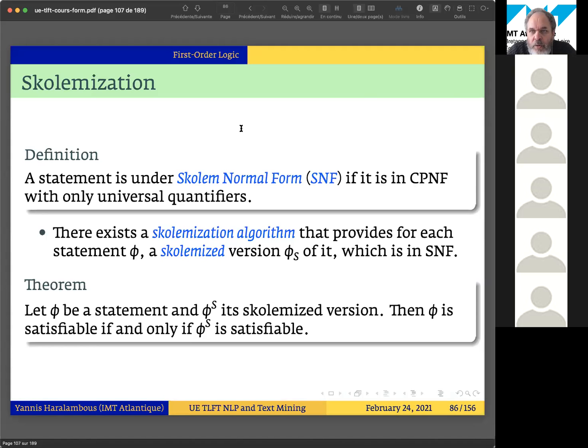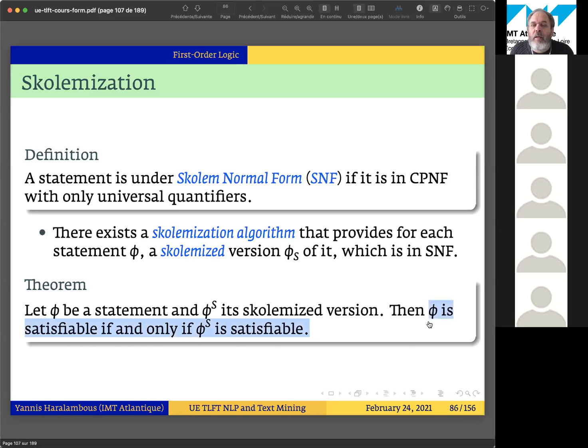Now, skolemization does not produce an equivalent formula. We are losing information. But if a formula is satisfiable, then its skolemized version is also satisfiable, and that goes in the other direction as well.